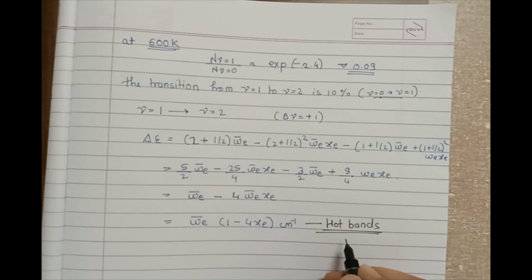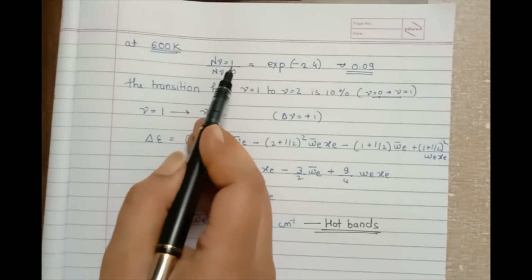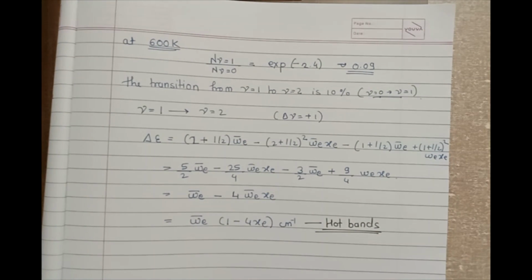Why is it called hot bands? This is possible only at a high temperature. Why? Because as we increase the temperature, the nu is equal to 1 energy level will become populated, and as it becomes populated, this transition is possible. Hence it is called hot bands.